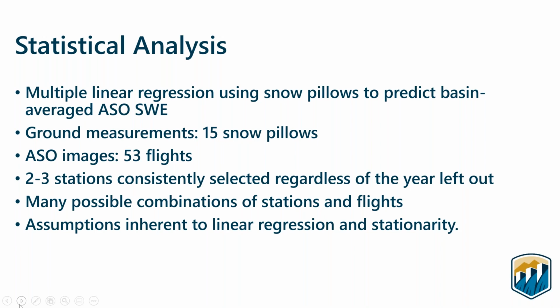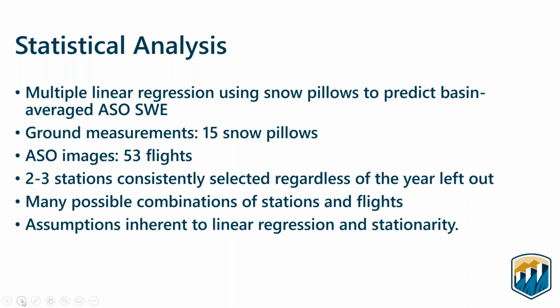53 ASO flights, and we're using different versions of multiple linear regressions here. You'll see this in the next slide, to try and remove some of the overfitting. Of course, there are always the assumptions built into linear regression here, and some collinearities that we're attempting to reduce the impact of, but haven't gone fully to more of a PCA type approach.